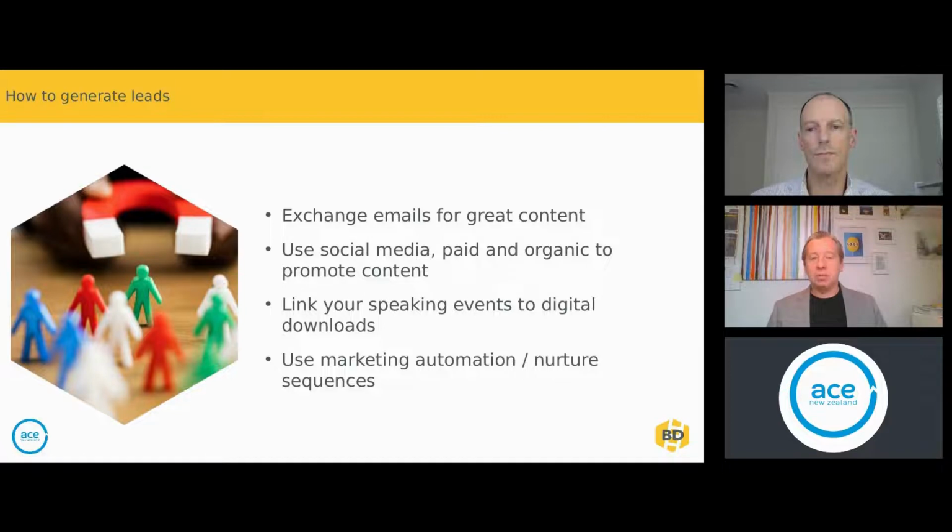Doing that will actually add them to your mailing database and allow you to keep in contact with them with all the good stuff you do. On the back of that as well, you can use what we call nurture sequences or marketing automation. So if someone downloads some information around, I don't know, the future of cities, shaping the urban landscape for the next 20 years or something like that, then every article that comes out could be something else about where you've done a project that has changed the urban landscape, or what your vision is for the future landscape.